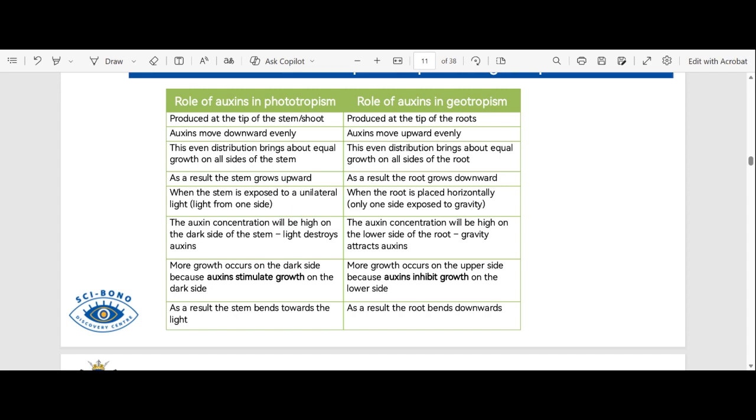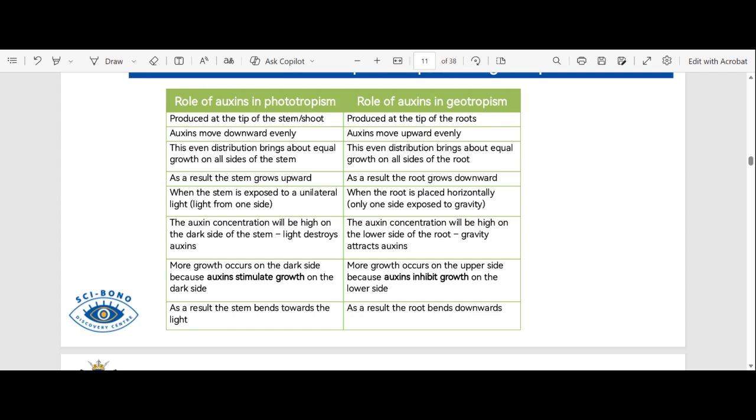So remember, with regards to auxins in the roots, auxins are produced at the tip of the roots, and the auxins will move up instead of down. They move up evenly, right?